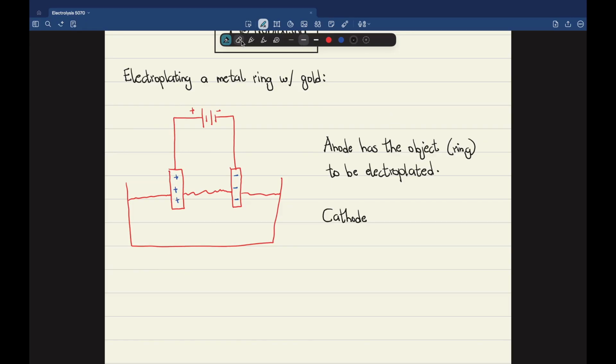Oh, okay. I just realized I mixed it up. The cathode is actually the object to be electroplated, right?